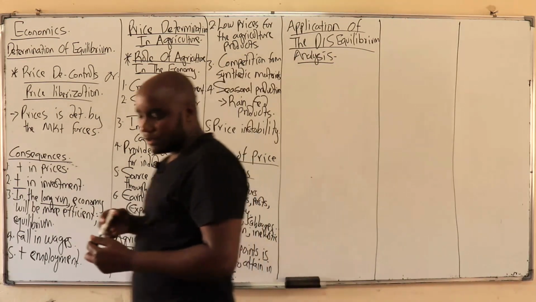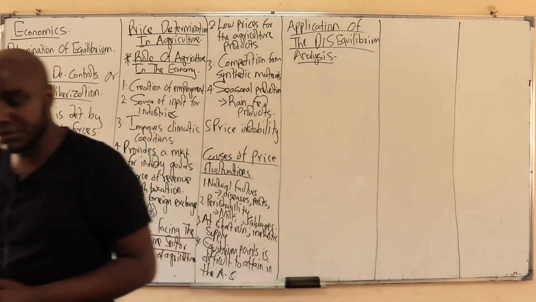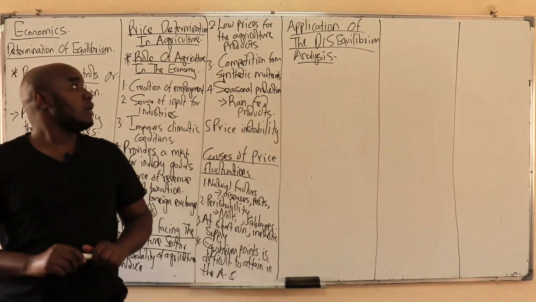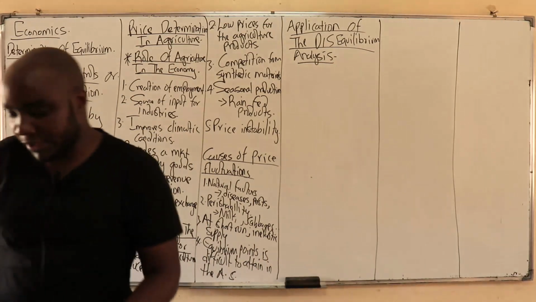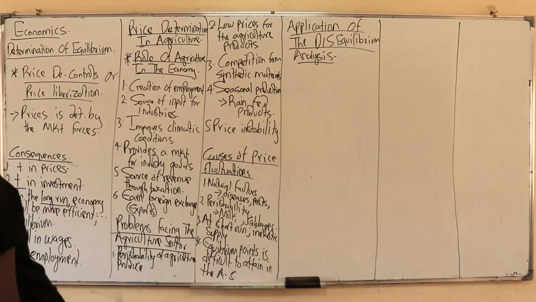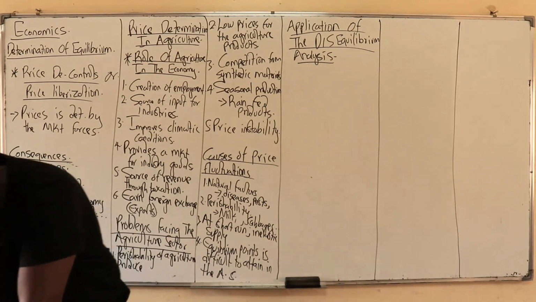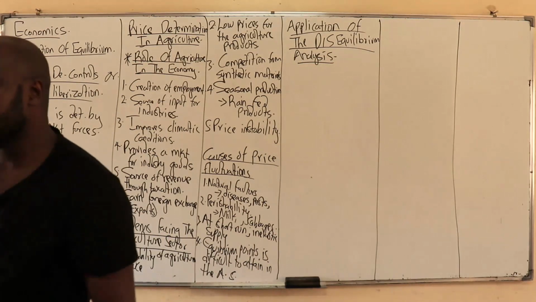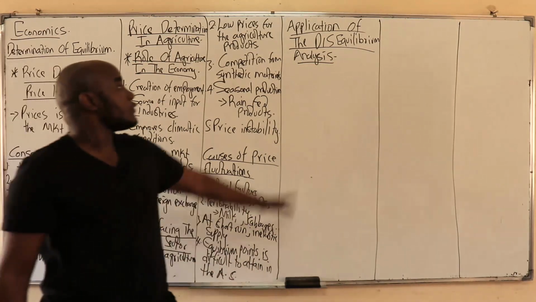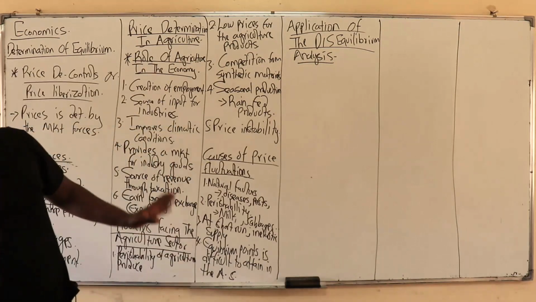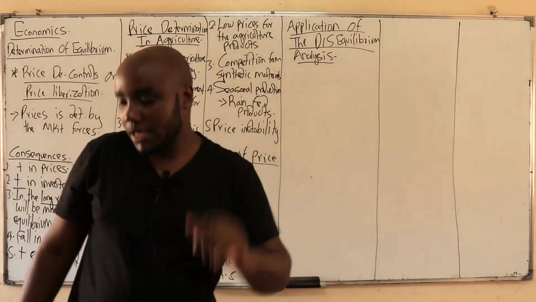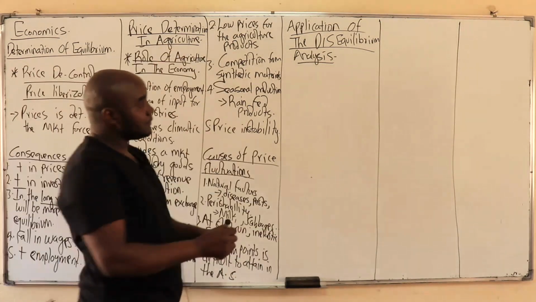The application is in the cobweb theorem, which enables us to trace out a fine path from the disequilibrium pattern toward an equilibrium position. So the application of this analysis, or the determination of the equilibrium, is in the cobweb theorem.